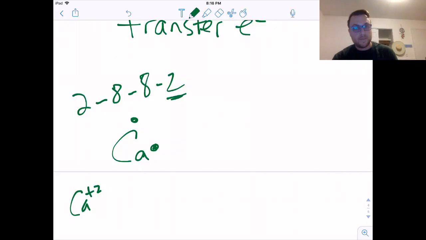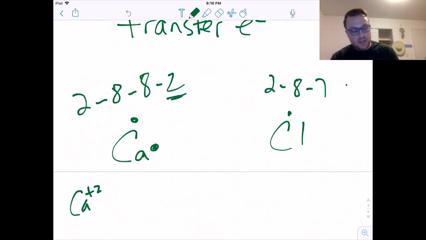Chlorine is 2, 8, 8, no, 2, 8, 7. So chlorine normally has 7 valence electrons. But when chlorine becomes an ion with a metal, chlorine only has 1 possible negative charge. Metals are always positive.